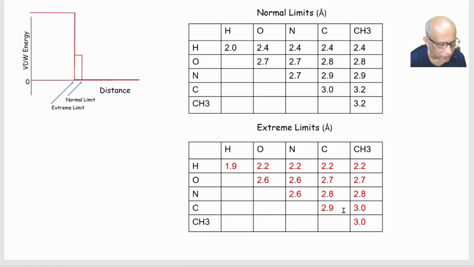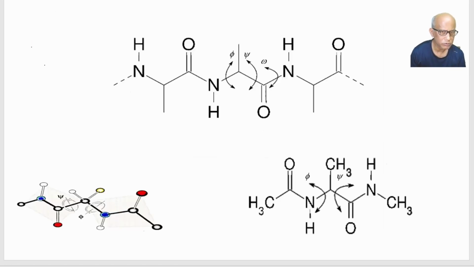Now, having done that, they go back to their peptide. In fact, instead of using a long peptide, they use a very small peptide model. So essentially, this is one amino acid. In this case, I show alanine, whose amino and carboxylate groups are blocked. So the amino group is blocked with an acetyl group, and the carboxylate group is blocked by the N-methyl group.